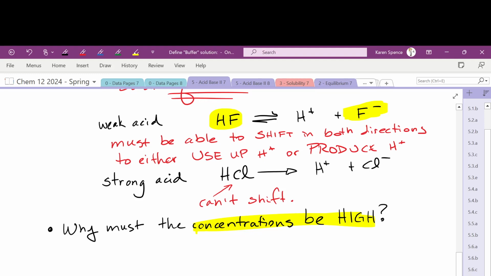What will happen if the concentrations are low? As it's shifting, what's going to happen? You're just going to run out of something, right?